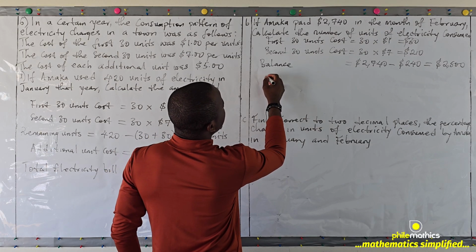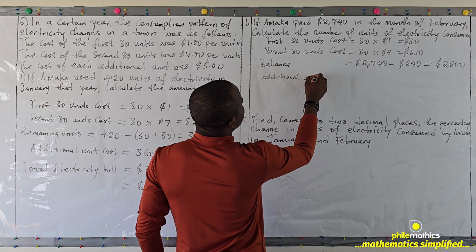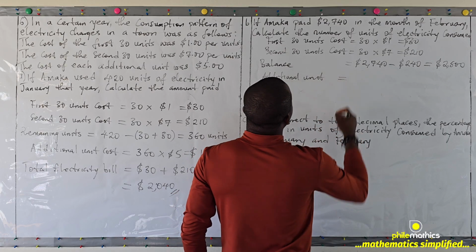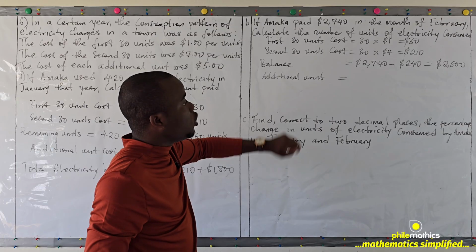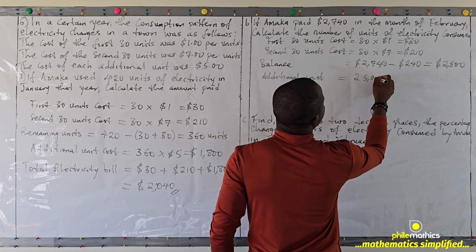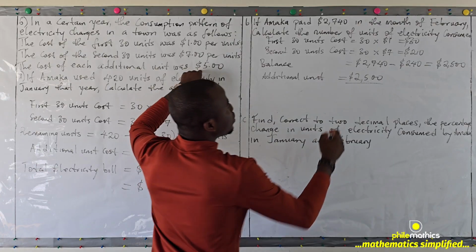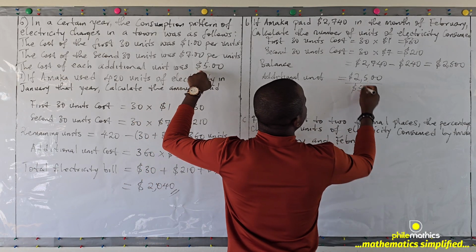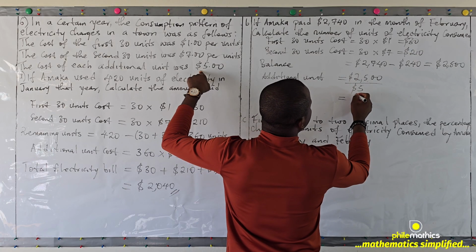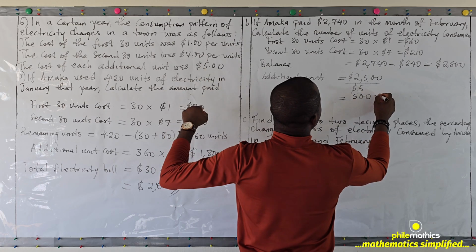So for the additional unit, the number of additional units she uses will be $2,500 over $5 per unit. If we divide, this will give us 5 into 25 is 5, so 500 units.